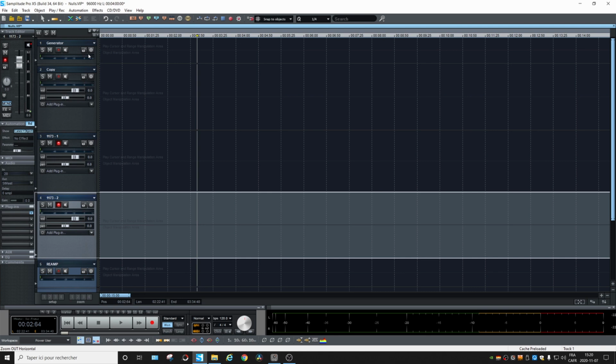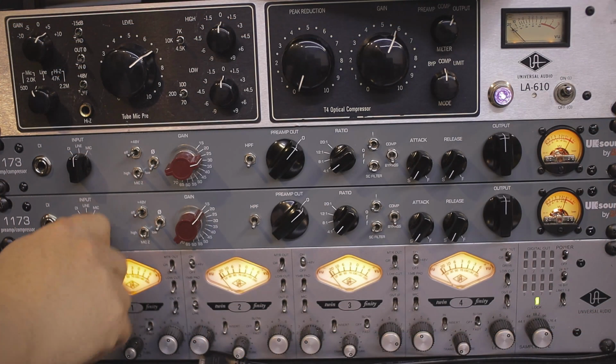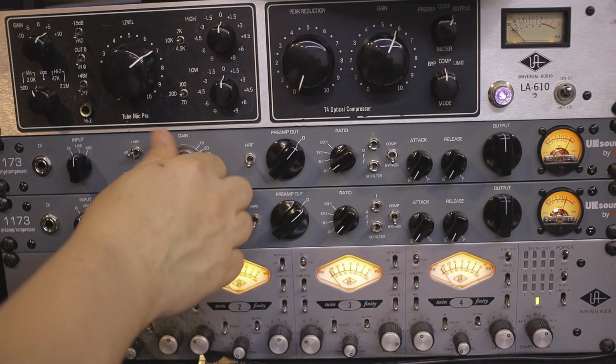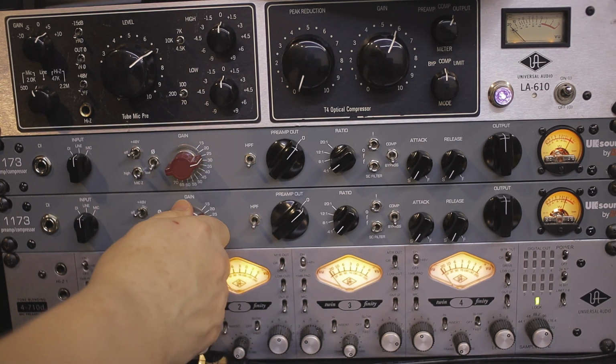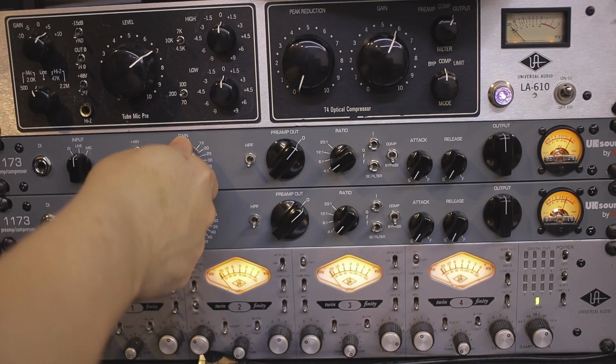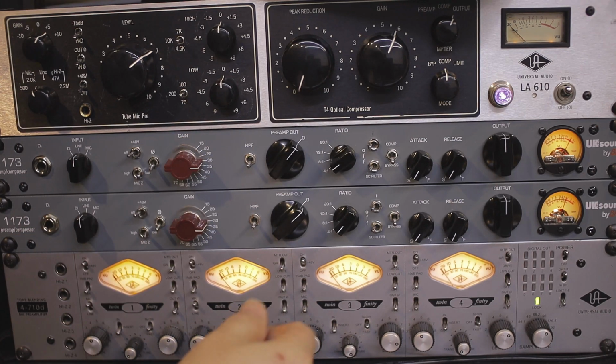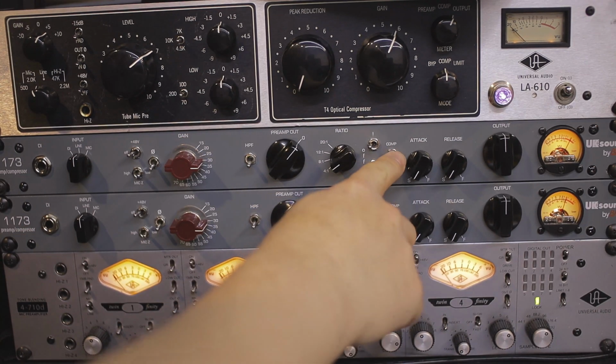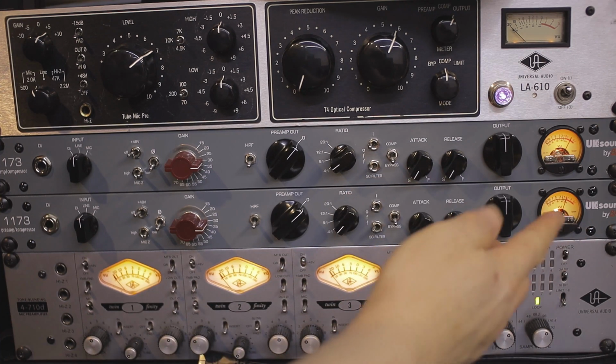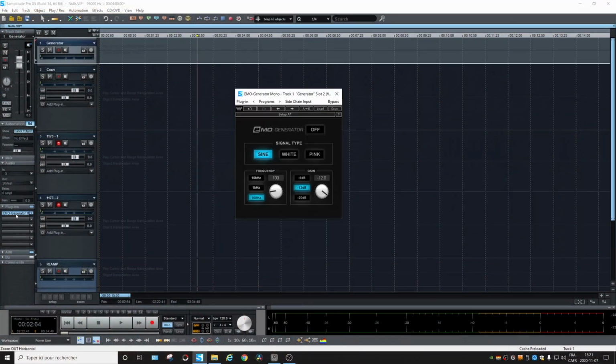So let's adjust the units. And we activate the generator.